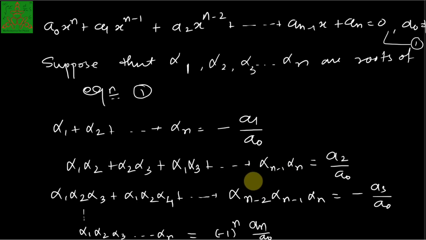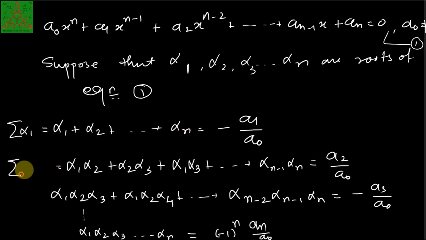So we are not going to discuss the proof of this, but this is the relation between the coefficients of a polynomial and its roots. By notation, this can be written as summation of alpha 1, which means the sum of all the roots.